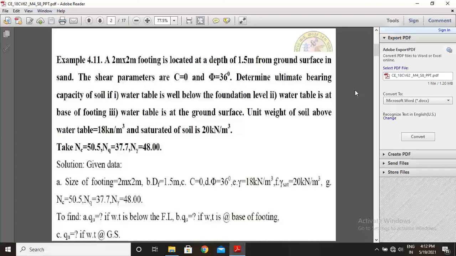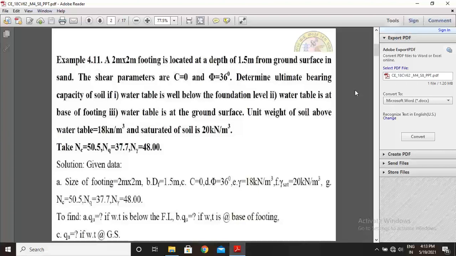Last sessions also we have solved so many problems. In this session also it is required to see how different problems are asked with different situations. Let us see today's first problem, that is example 4.11.